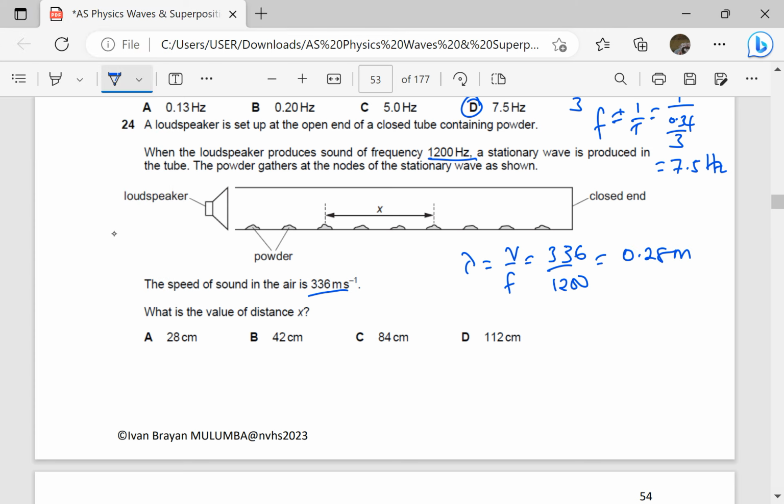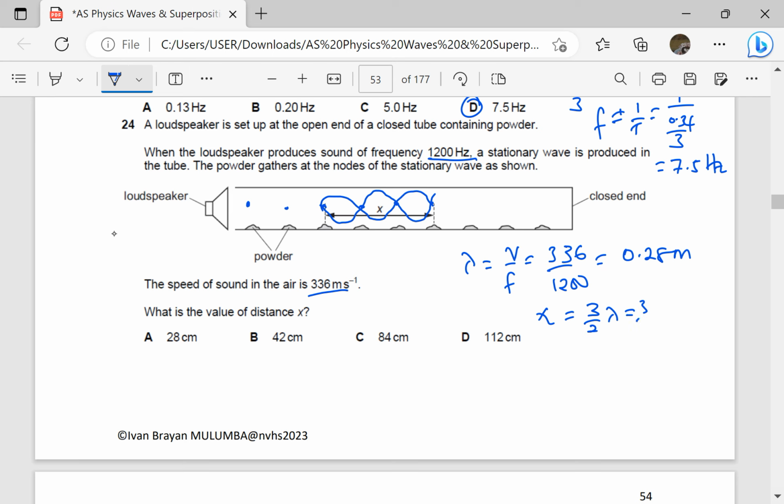So remember, whenever we see the powder, that is a position of a node. So this is a node. There's a node here. There's a node here. There's a node there. There's a node there. There's a node there. So if I was to sketch these, x is corresponding to 1.5 wavelength. X is equal to 1.5 wavelength, which is 3/2 of wavelength.